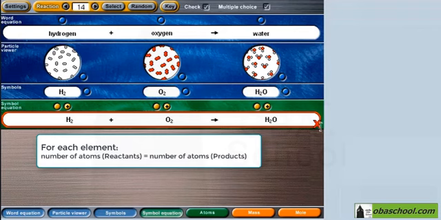How many hydrogen atoms do we have in the reactants? We have 2 hydrogen atoms, H2. And how many hydrogen atoms do we have in the product? Also 2 hydrogen atoms. So the number of hydrogen atoms in the reactant is equal to the number of hydrogen atoms in the product, which is 2.